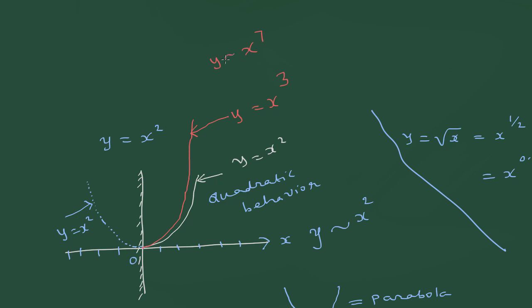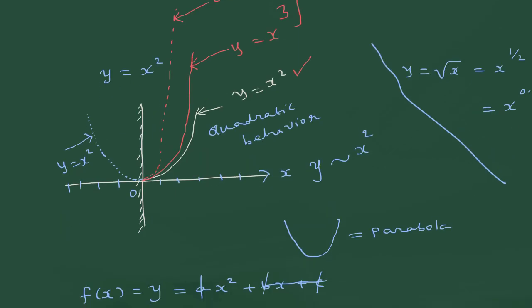This goes very steep like this. So then it becomes x to the power 7. That's an idea. These things are not very important for the time being. This is the only thing you have to remember: the behavior of y, which goes like x to the power 2.